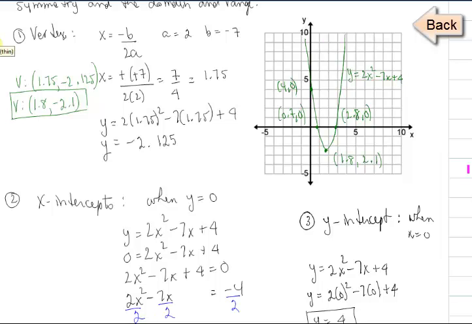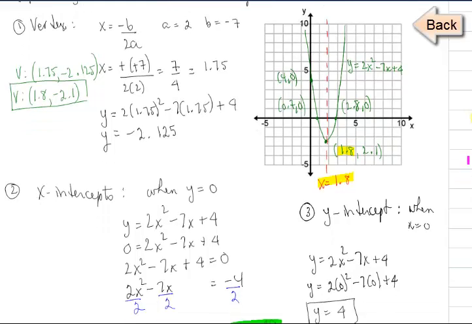I've asked you to include your axis of symmetry, so that goes right through here, where x is equal to 1.8. Remember that that corresponds with the x-coordinate of your vertex.